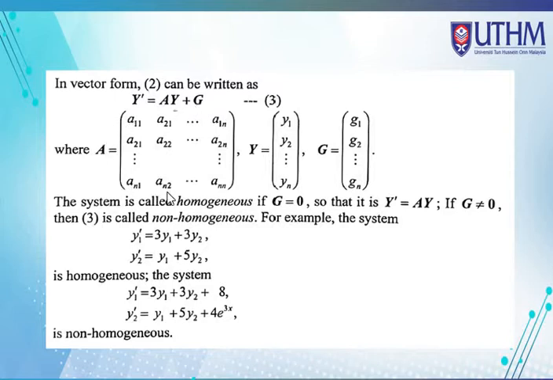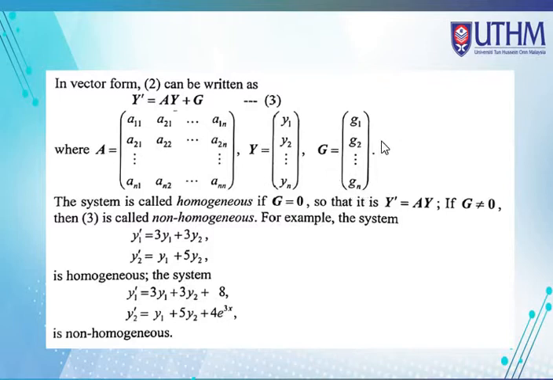From equation 2, we write it in this form, a11, a12, up to a1n. So this is the matrix form. Y is also a matrix, y equals y1, y2 until yn, and similarly g equals g1, g2 until gn.